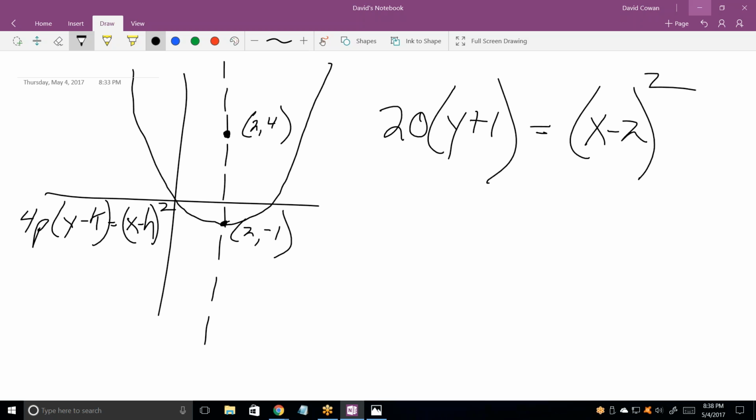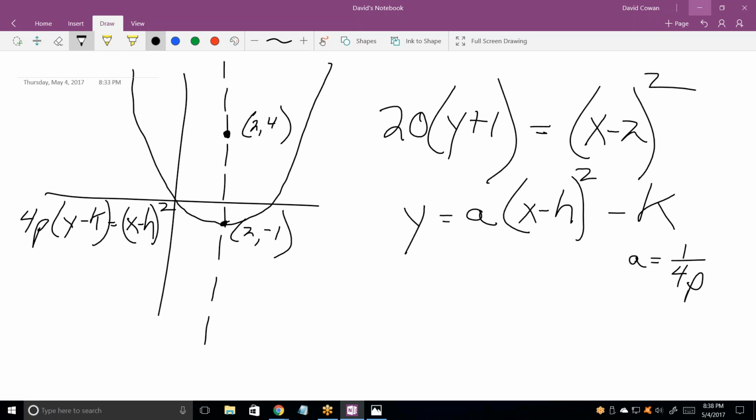Now, in case you don't use this format, here's the other format. This is the more common vertex format that they teach you when they first start teaching you about parabolas. And the provision is that a equals 1 over 4p, which makes p also equal to 1 over 4a.